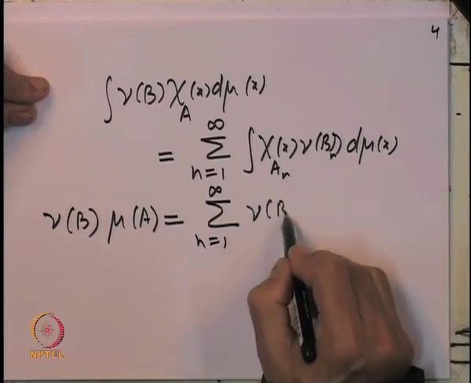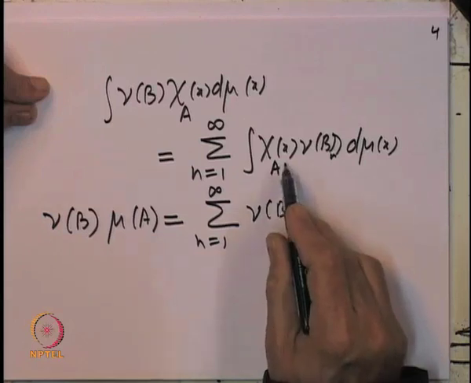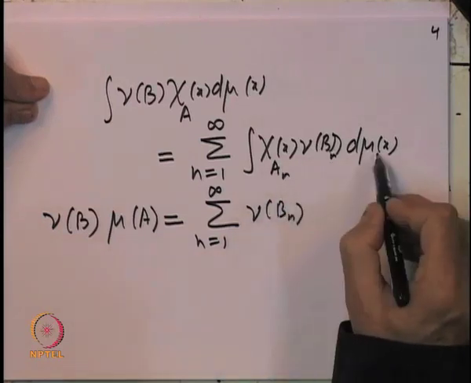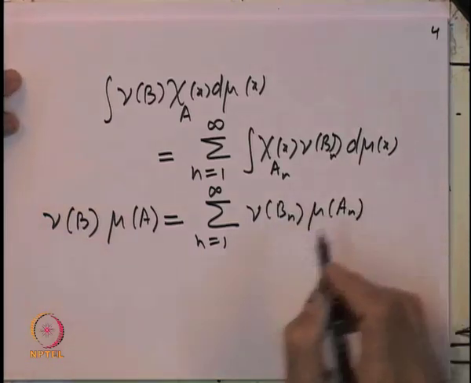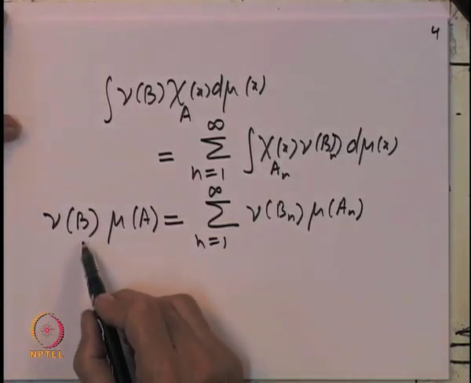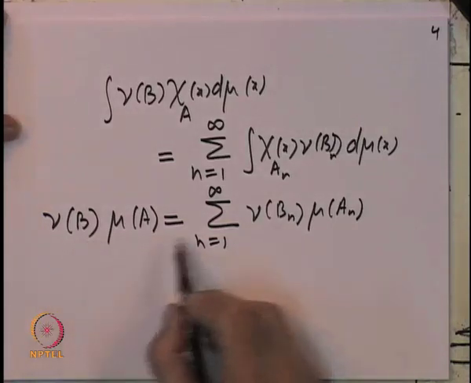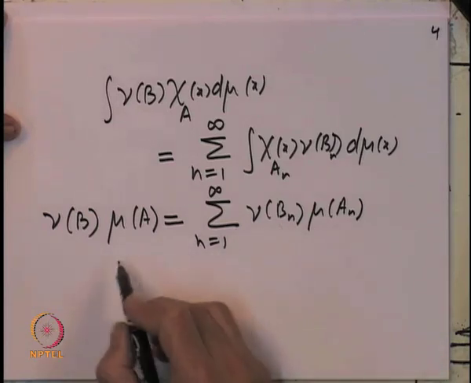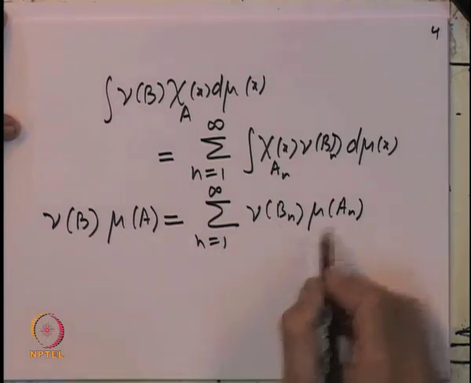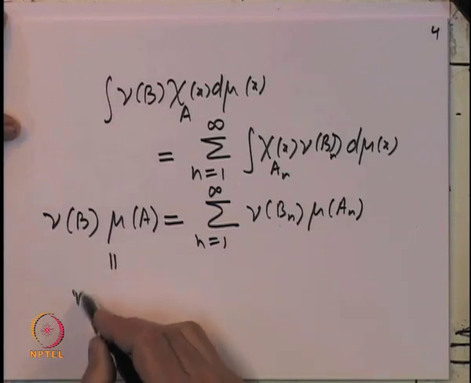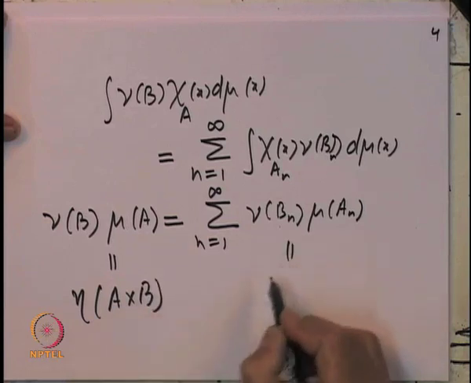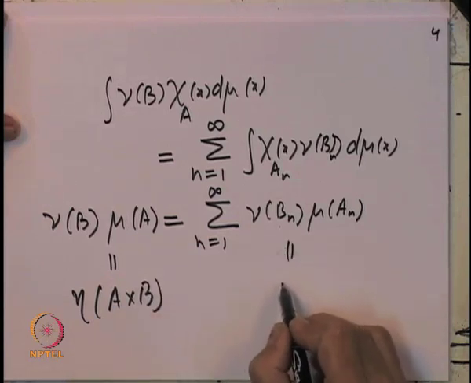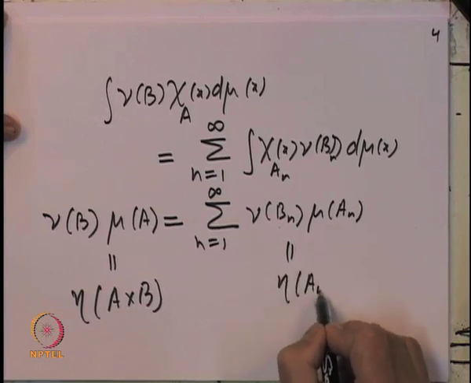So, nu of B_n goes out of the integral sign, and the integral of the indicator of A_n with respect to mu is mu of A_n. So, what we have gotten is nu of B times mu of A is summation nu of B_n times mu of A_n, but the left side is nothing but eta of A cross B, and each term is nothing but eta of A_n cross B_n.